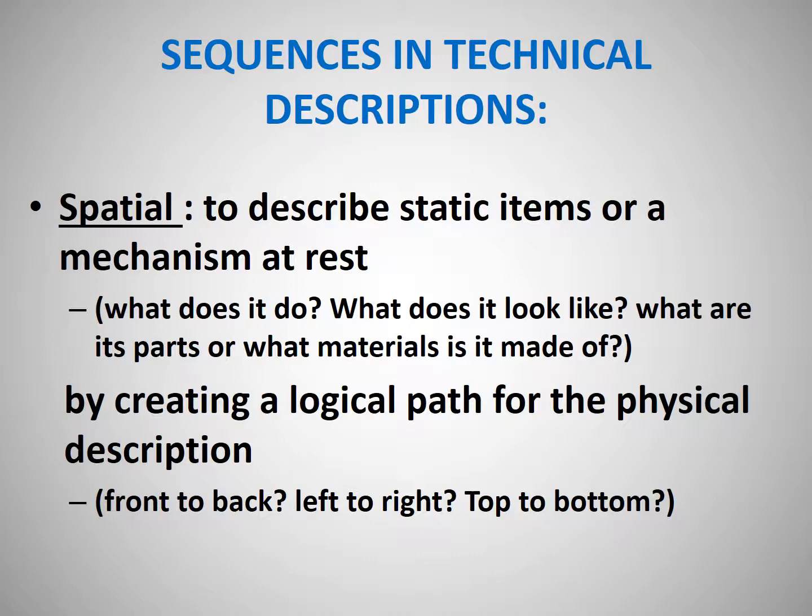Am I describing what it looks like from the top all the way to the bottom? But whichever direction I'm working in, I'm going to have a logical set of descriptors that move from one place to another. Right? Front to back, left to right, top to bottom. Whichever one makes more sense for the thing that you are describing.